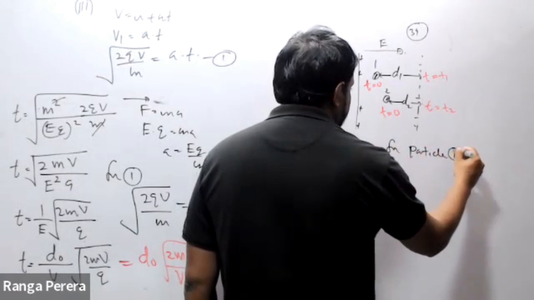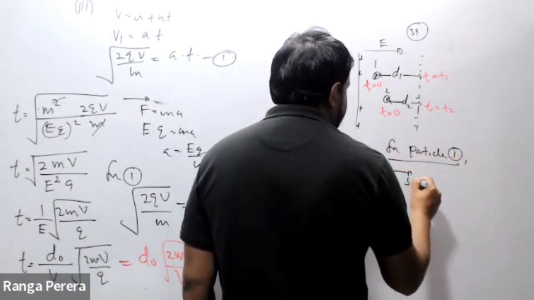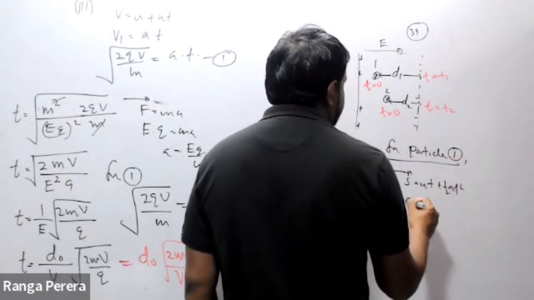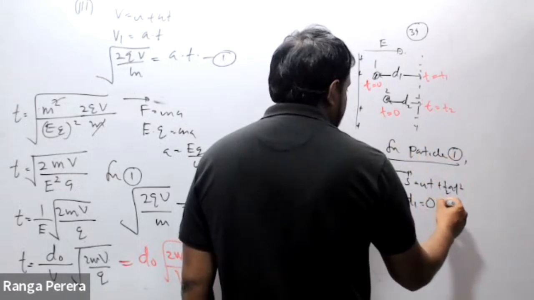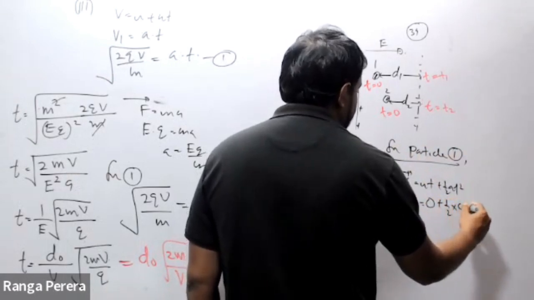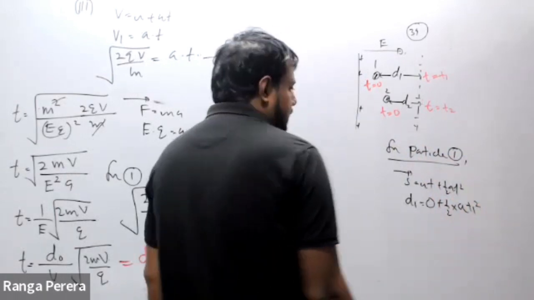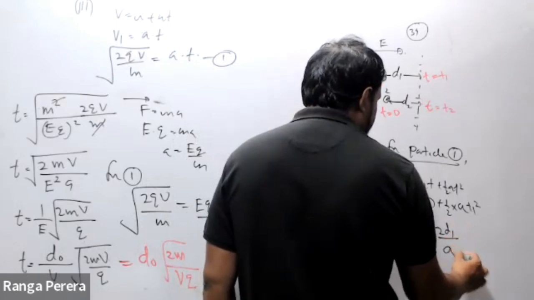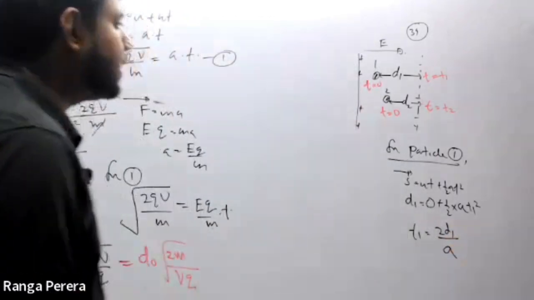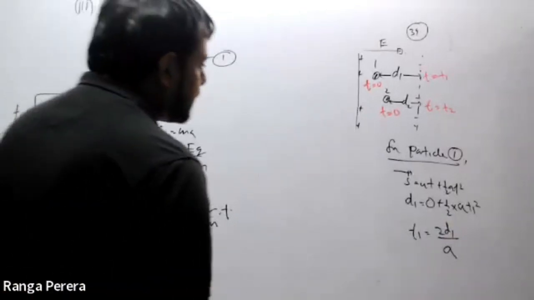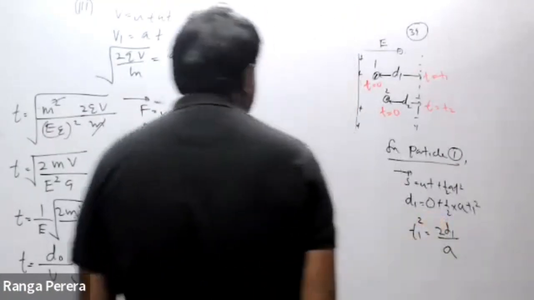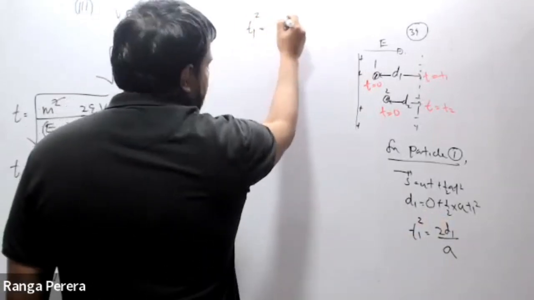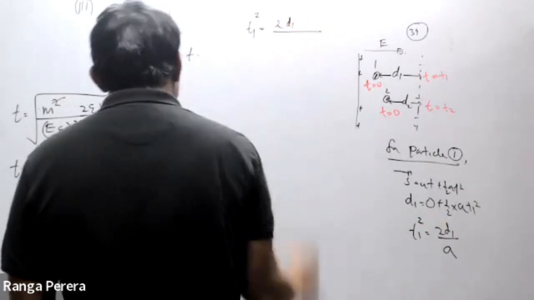Here s is d1, the initial velocity is zero, and the acceleration is a, so d1 equals half a t1 squared. t1 squared equals 2d1 divided by a.